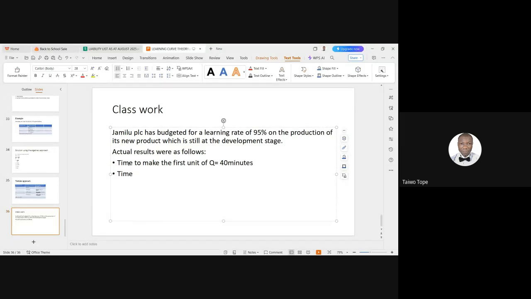Time to make the first 8 units is equal to 233 minutes.